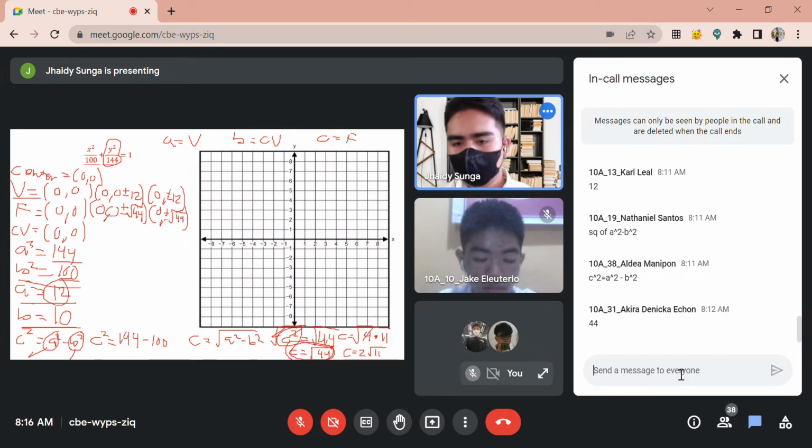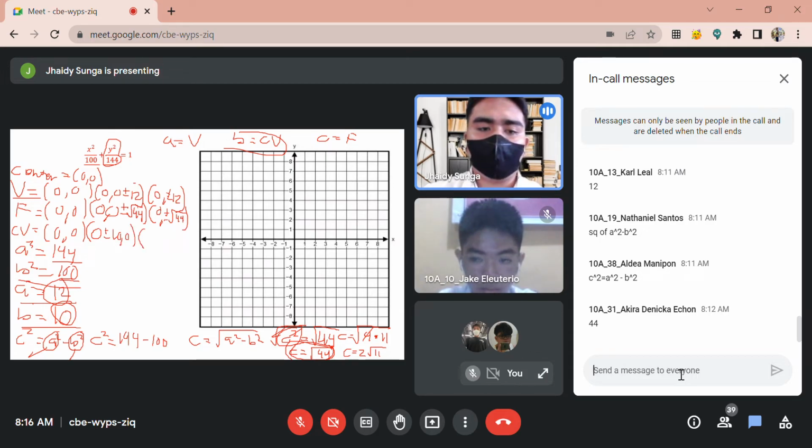So how about for co-vertices? If you place the value of vertices in your y-intercept, therefore you are going to add it on the x-intercept. What is the value of co-vertices? It's b, isn't it? So what's the value of b? It's 10. So you're going to add and subtract 10 from the origin.